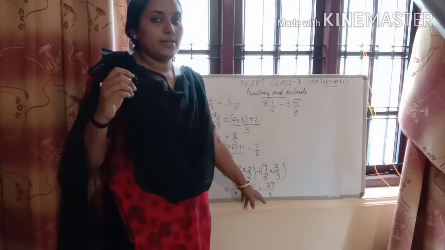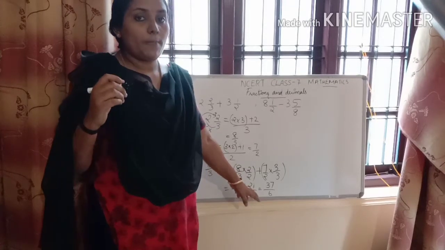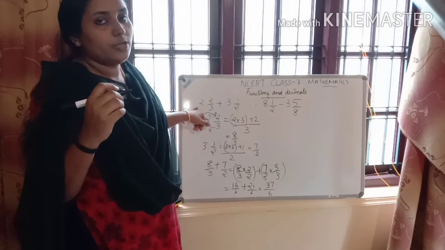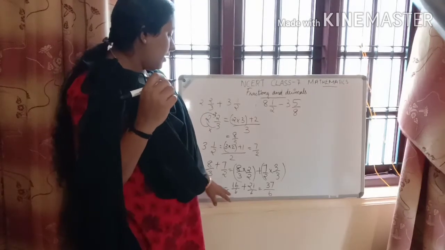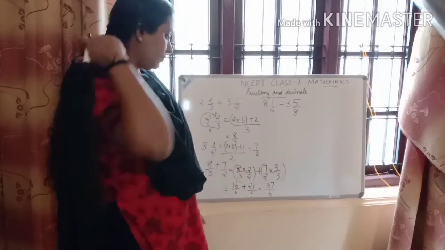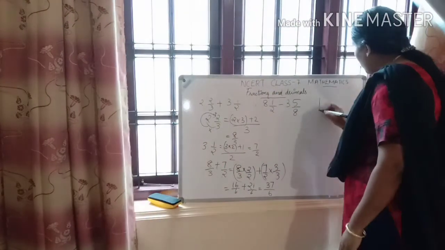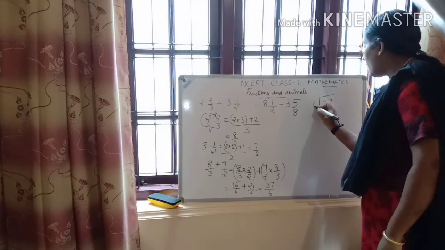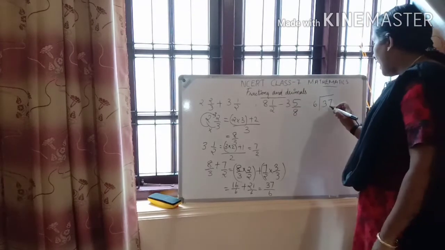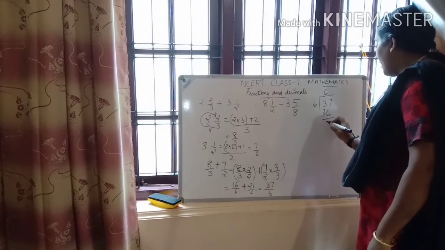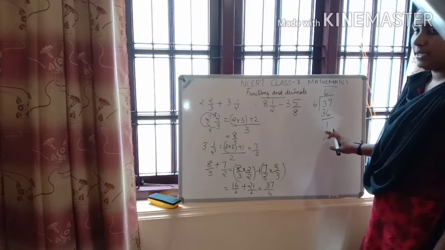Here the answer is an improper fraction, but the question is in mixed fractions, so we have to convert this answer to a mixed fraction. Just divide 37 by 6. We'll get 6 sixes are 36, so the remainder is 1.